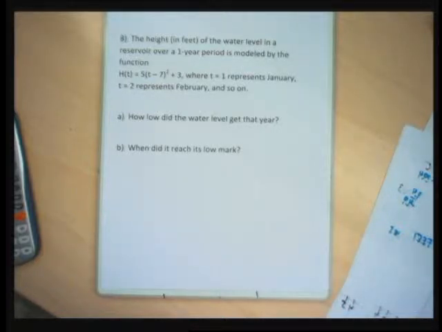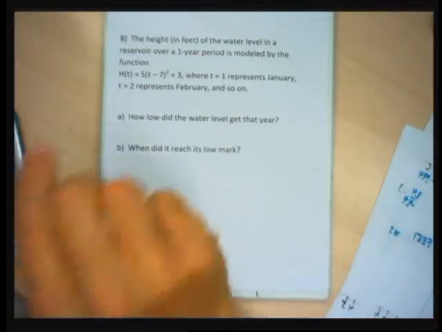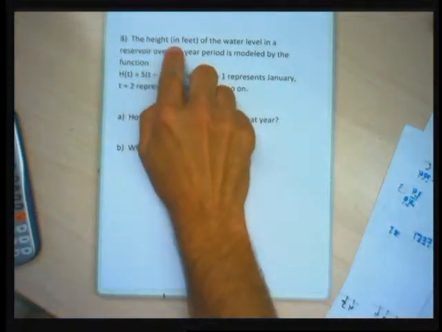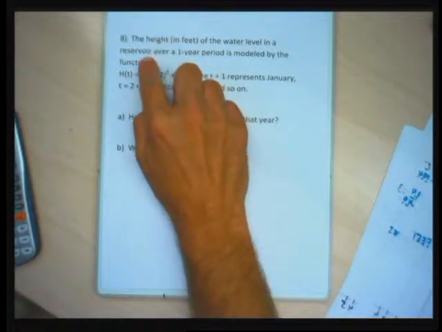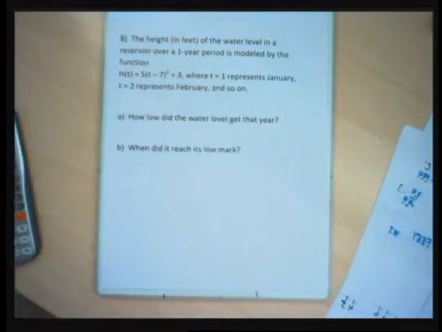And immediately as I read this problem, it talks about the height in feet, or the depth, should I say, of water in a reservoir. So like Lake Pleasant is maybe a reservoir, and over the summer we pump water out so it gets shallower, and then in the winter, when the winter rains come in, it gets deeper.